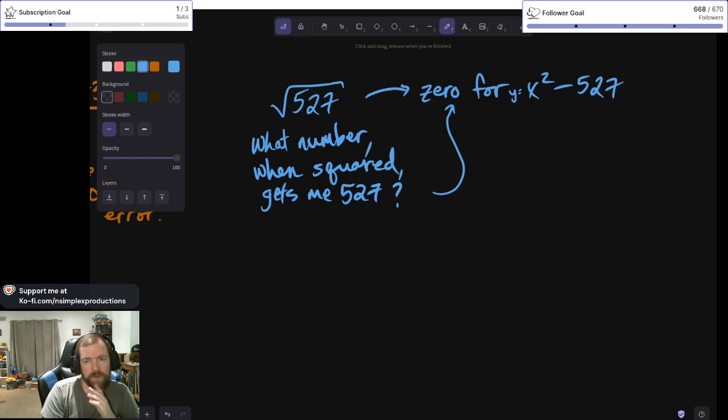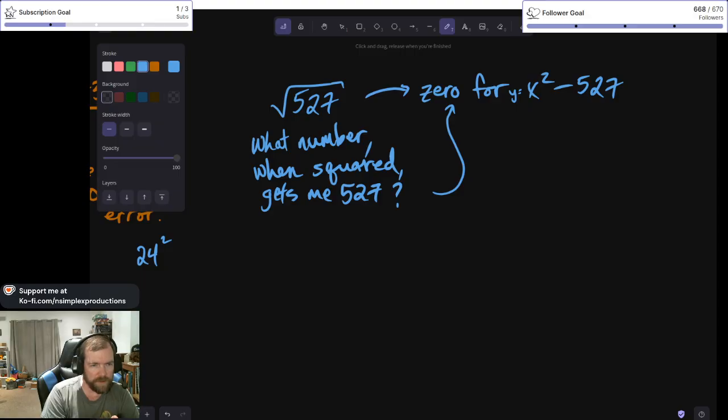A reasonable approximation for this is going to come from taking a value which is reasonably close. So what is 24 squared?